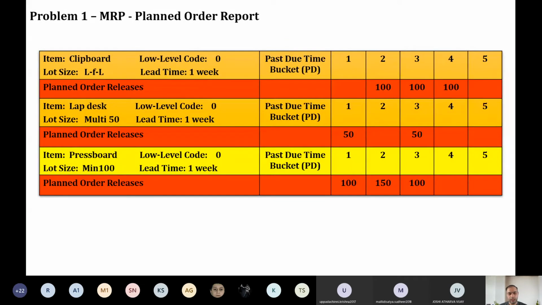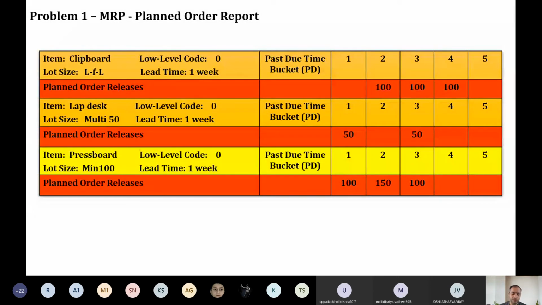So how is this going to help us? This will help the purchase department to plan when to place the order. When they know when to place the order, they can have a very good supply chain and plan their logistics properly.